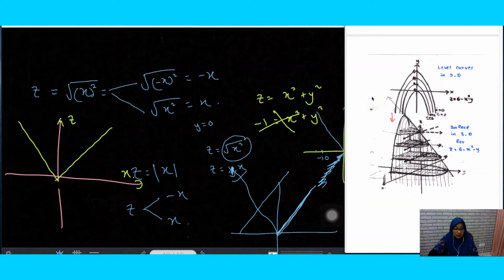What I want to say here is that these are some examples of how to sketch particular surfaces. Most of the surfaces out there are very complicated to sketch by hand.